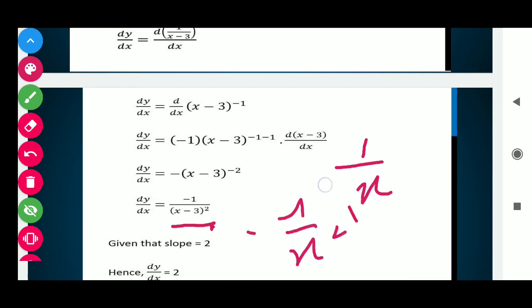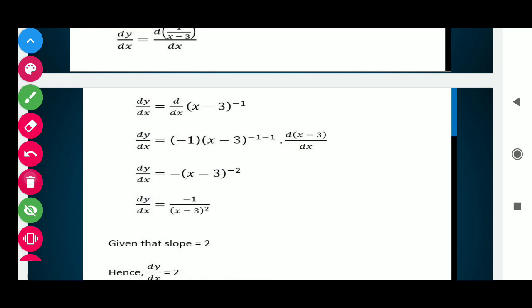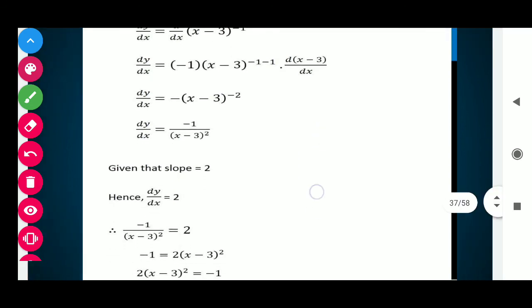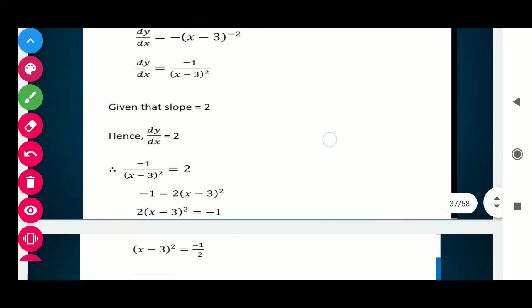So we use this result directly, and the derivative of x minus 3 is 1. Given that the slope is 2, dy over dx equals 2, so minus 1 over (x minus 3) whole squared equals 2.